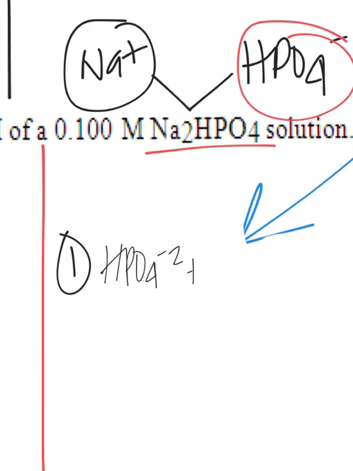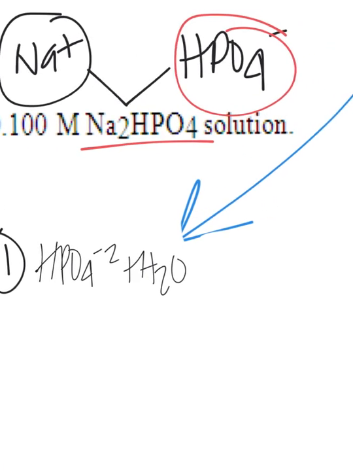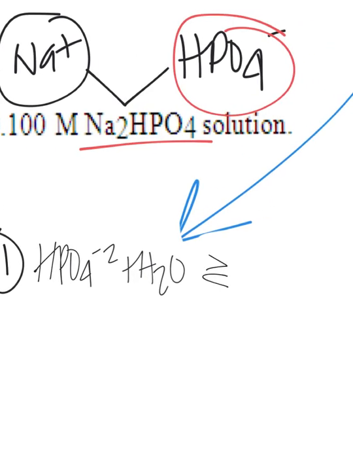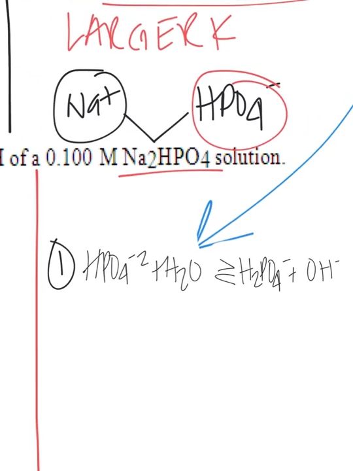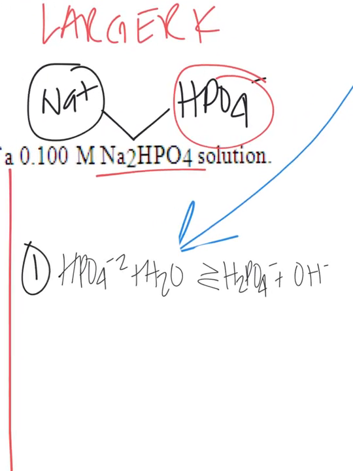HPO4 2 minus plus water yields H2PO4 minus plus OH minus. So this is HPO4 accepting a proton. Okay, when it accepts a proton, it's acting like a base. So I get a basic solution in the end.